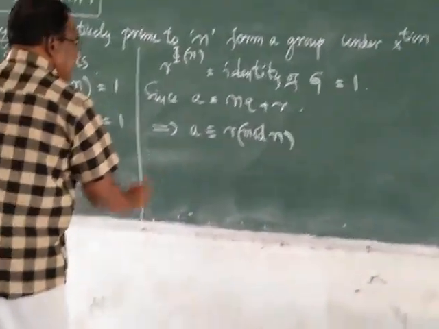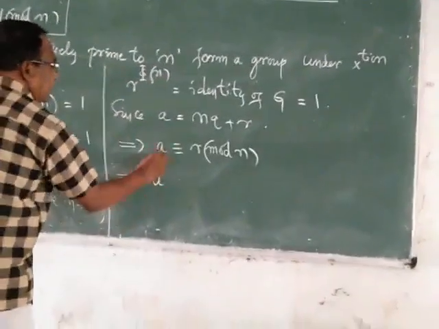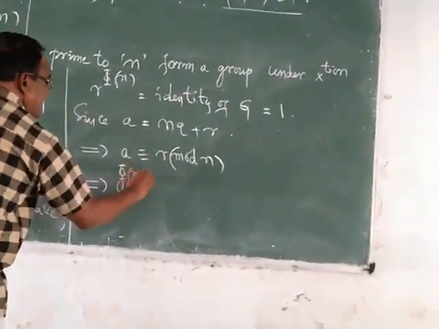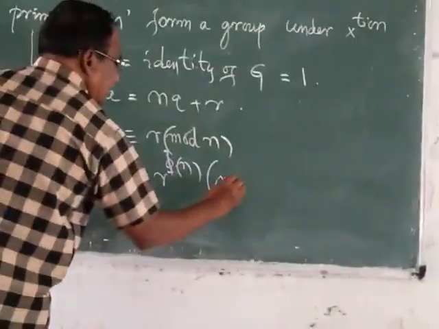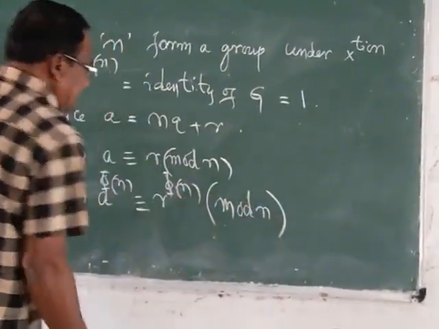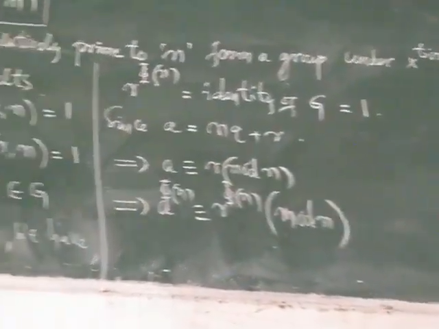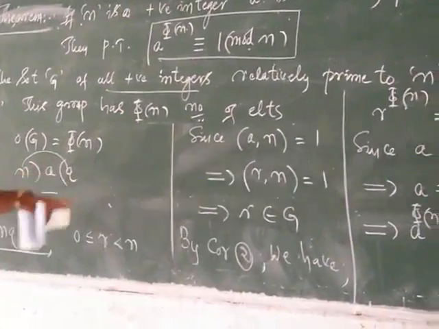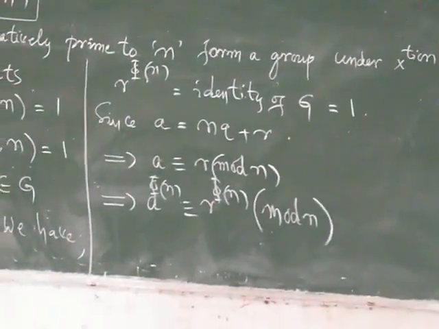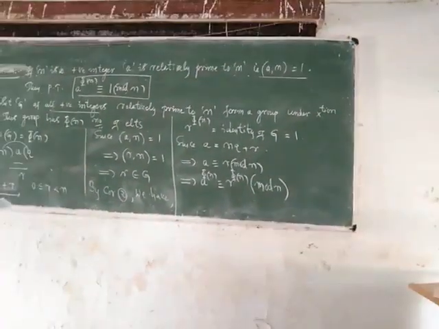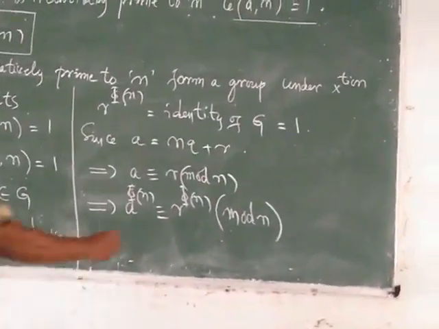If I raise both sides to the power phi n, A to the power phi n is congruent to R to the power phi n mod n. What did I do here? A is congruent to R modulo n by the division algorithm, and I raised both sides to the power phi n.